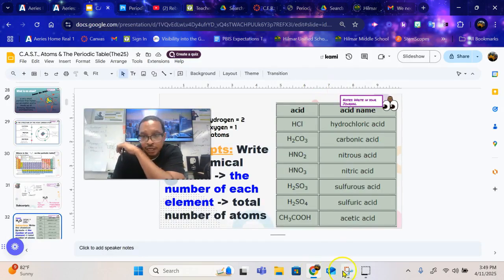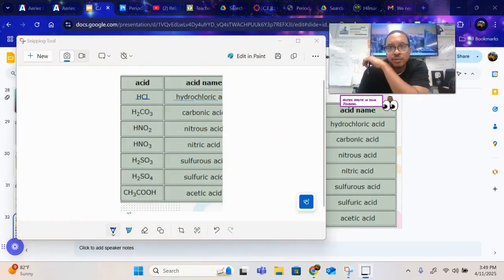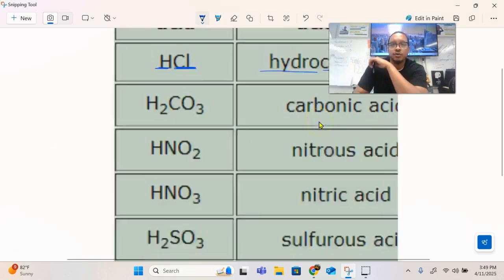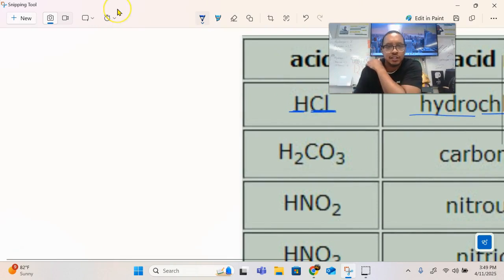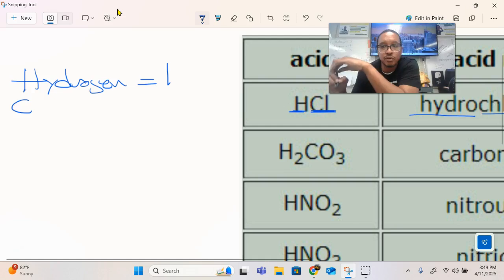Okay. Let's go here, and I'll put myself up there, put that in full. We'll break this one down real quick as an example. So this one, there is hydrogen. How many is there? There is one. And then what's the next one? Chlorine. I do not know how to spell chlorine all the way.